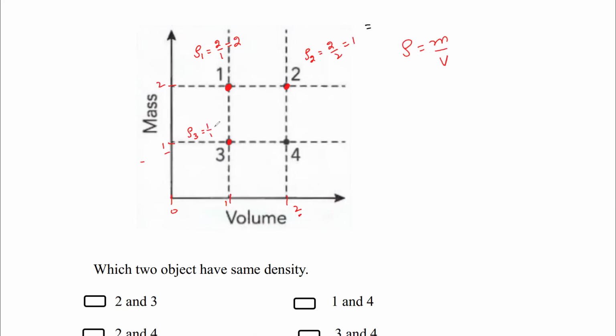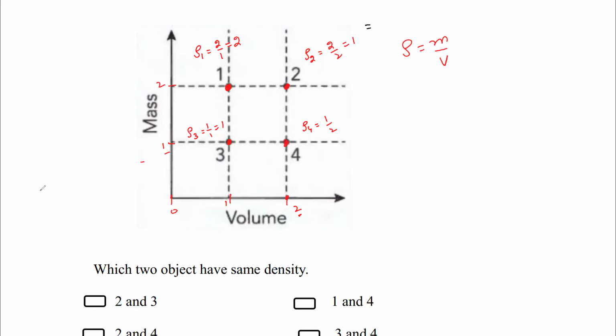So 1 divided by 1, which is equal to 1. Okay. Now we take the density of point 4. Here mass is 1, but the volume is 2. So it will be 1 by 2.